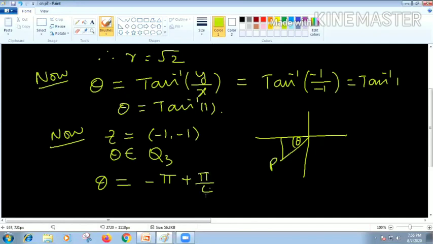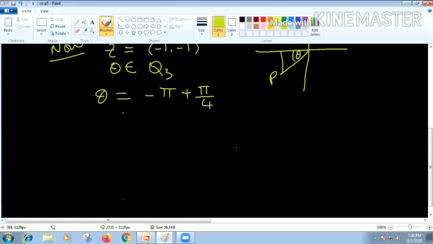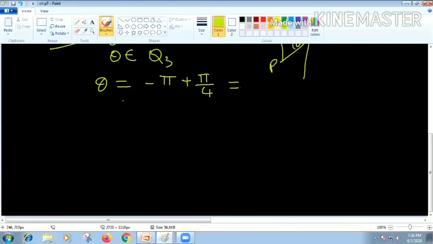So here the angle should be minus pi plus pi by 4. That is equal to, taking LCM, minus 4 pi plus pi, minus 3 pi by 4. So this is the angle.